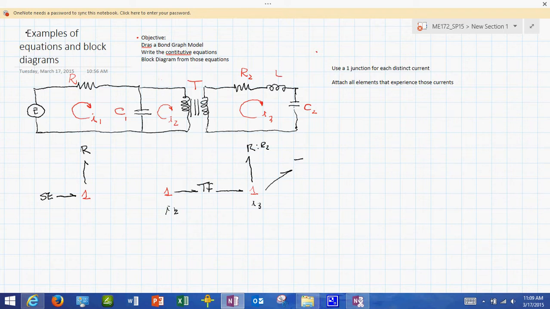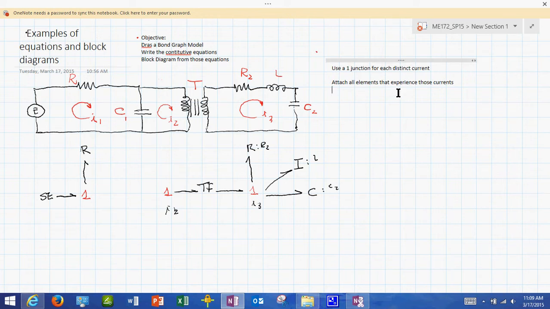This is the I element with value L, and you have the C element with value C sub 2. Okay. In here you see you have a capacitor that sees the difference between these two, but in this second step we attach the elements that see the distinct currents.